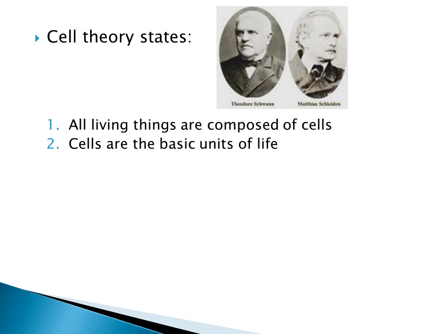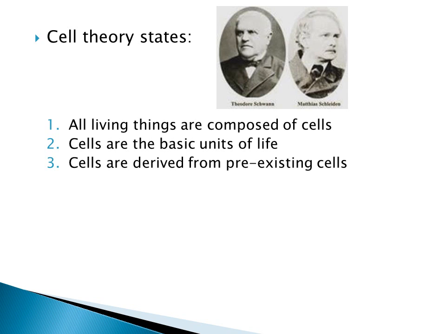And probably the most important and dogma-changing idea was that cells are derived from pre-existing cells. What this really means is that all cells came from a once existing cell, and it paints this evolutionary picture where there were original cells and every other living organism came from those original cells. So you can see how this changed people's thought historically.